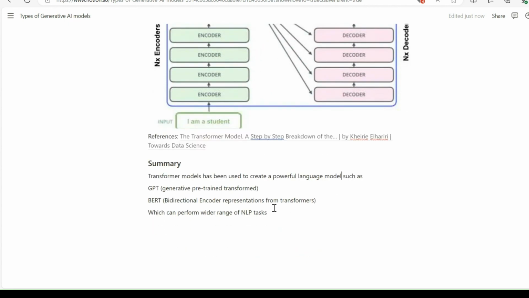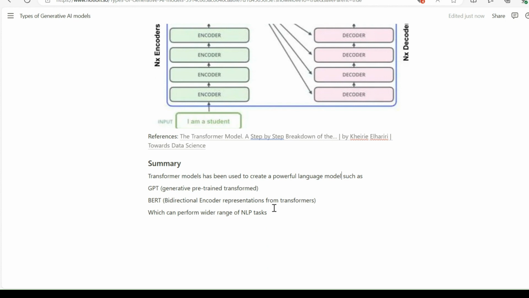So, in summary, transformer models have been used to create powerful language models such as GPT, generative pre-trained transformer, and BERT, bidirectional encoder representations from transformers. As you know, ChatGPT created its first model after the release of the paper Attention Is All You Need.